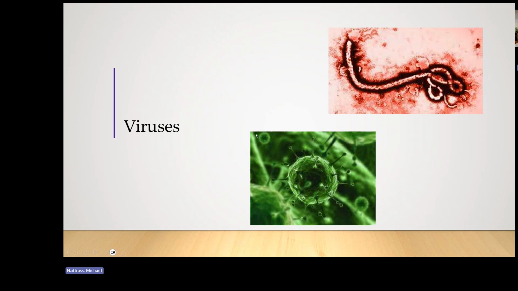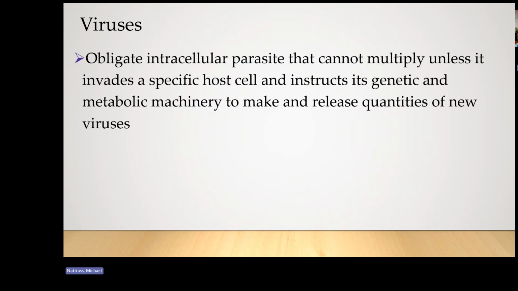So you need to make sure that we minimize the infection, because once we have that, it's very difficult to get rid of it because it actually takes over the DNA and becomes a part of that plant's genetic material. So we've got this obligate parasite, and it cannot multiply unless it invades that host cell.